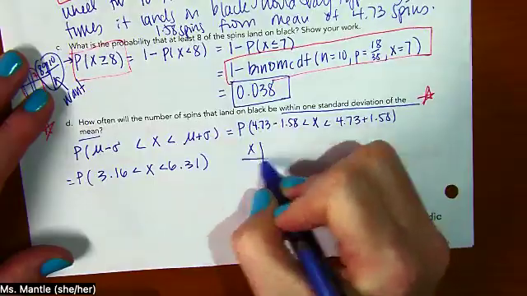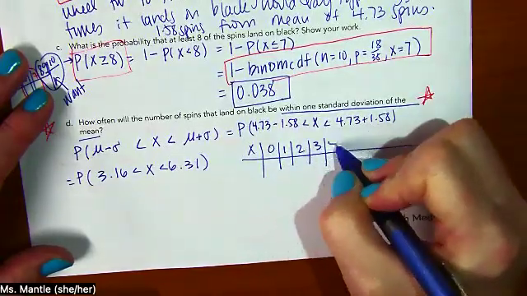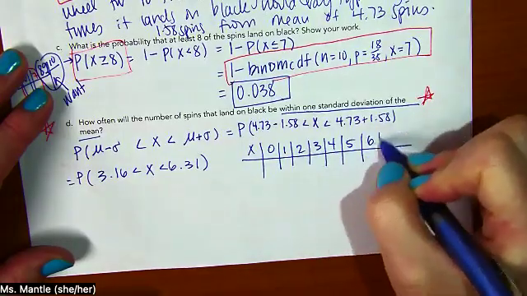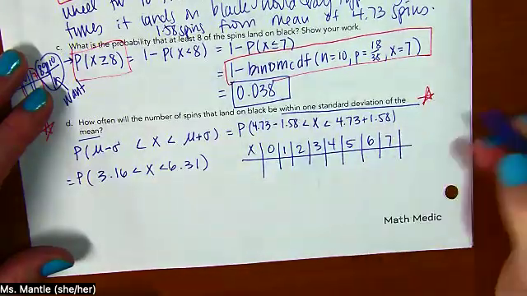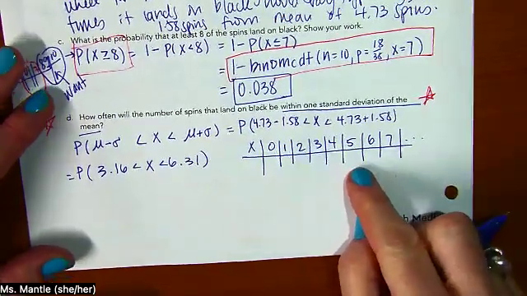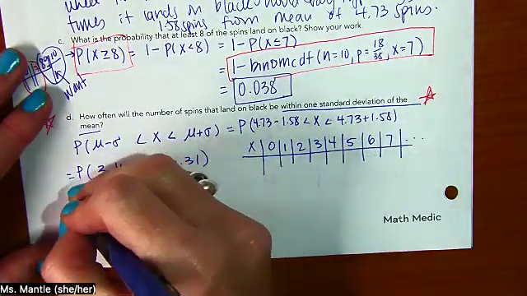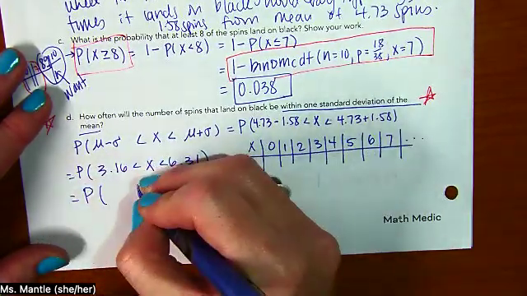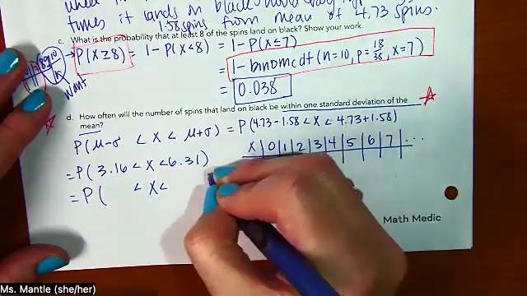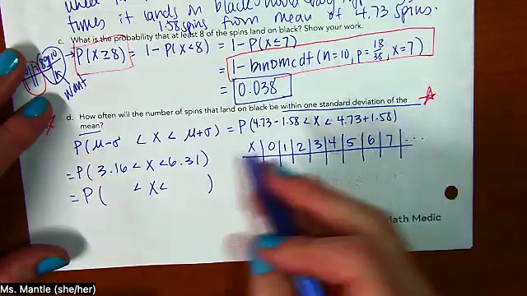In the probability distribution, I'm going by integer values, because this is the number of spins that land on black. So the number of spins have to be countable, discrete values. These are not discrete values, and so we need to convert this to integer values, to be within 1 standard deviation.